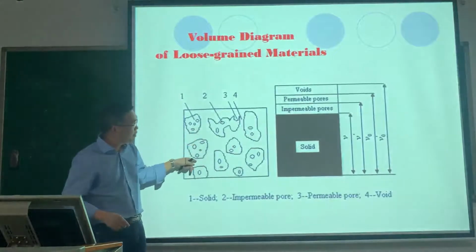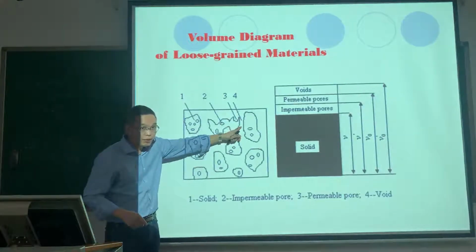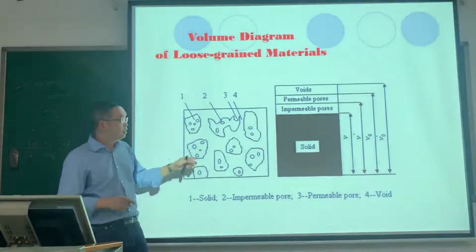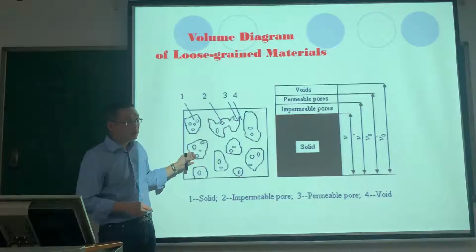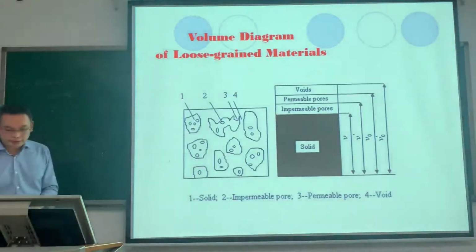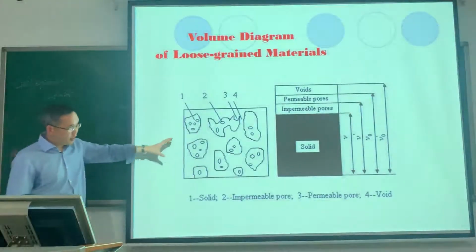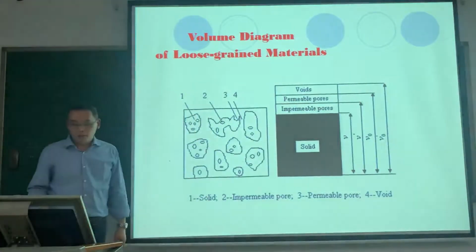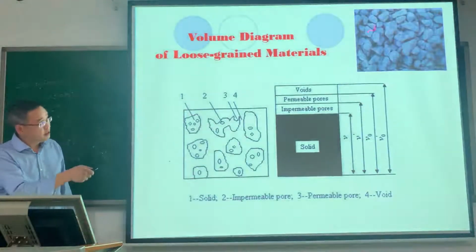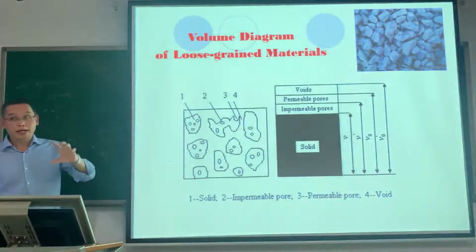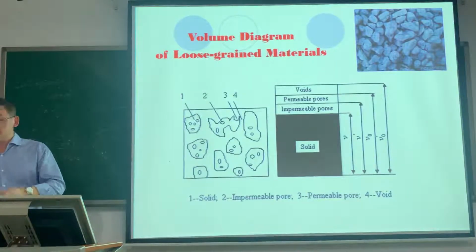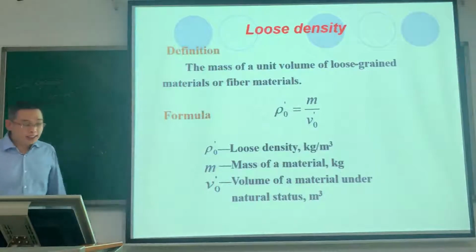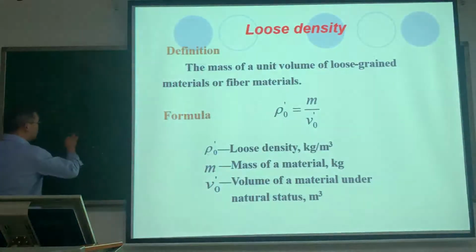But between them, there are voids in the state. So if we consider the materials put together in this way, we can get a lot of voids between them. And then we can get the density. This density we call the loose density.